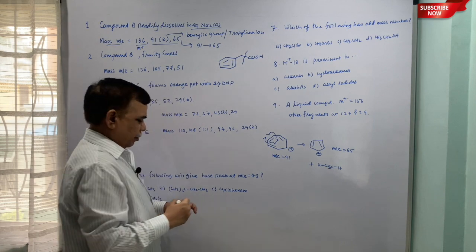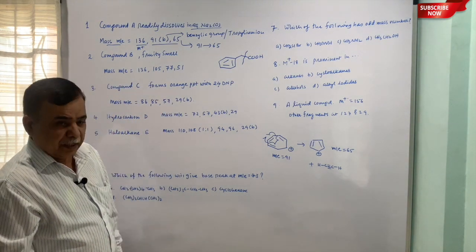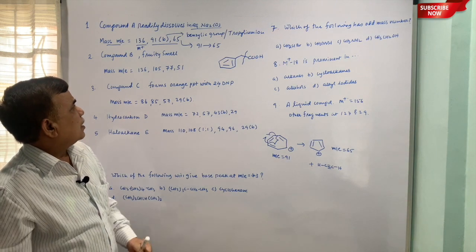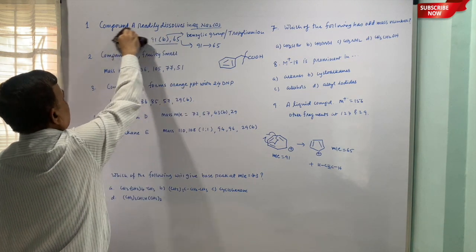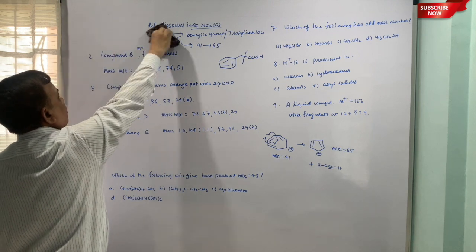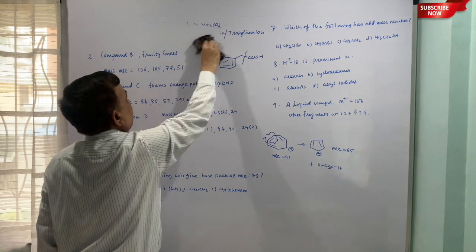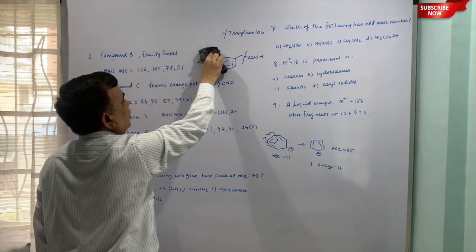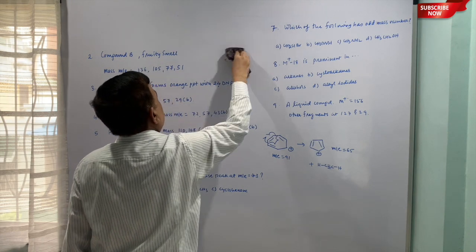So benzylic carbon is mandatory, so the compound is phenylacetic acid, which can give all these peaks. The hydrogen number, molecular mass, everything one can check, and that is bound to be 136.